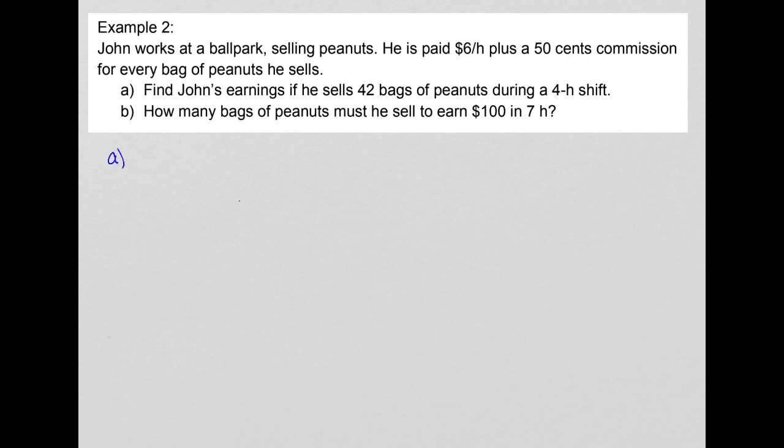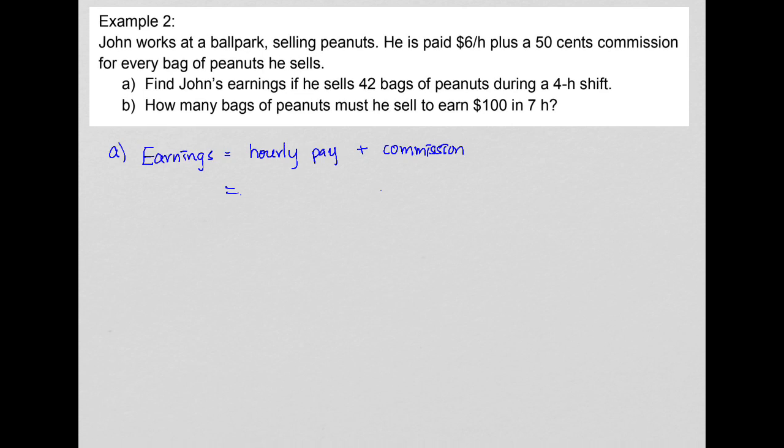So we know the total amount of earning that John is going to have equals the hourly pay plus the commission. So the hourly pay will be $6 per hour, but he works for 4 hours. So for the 4 hours that he worked, he earned $24.